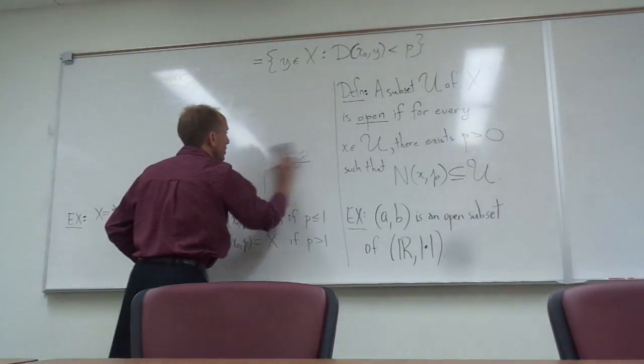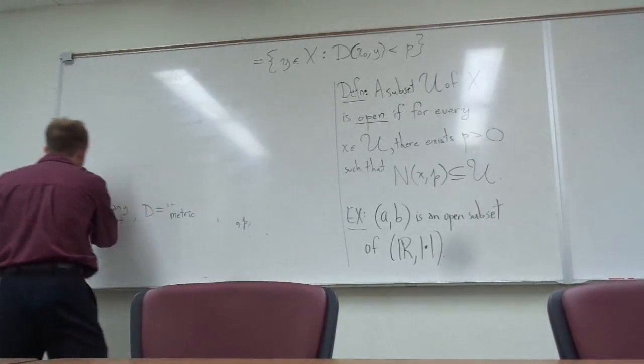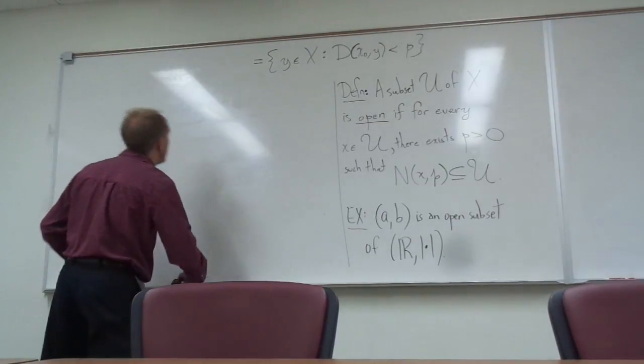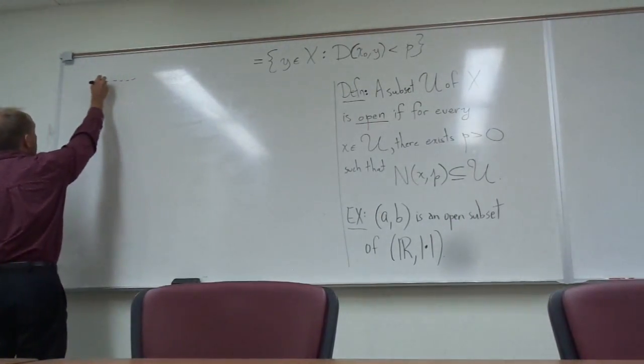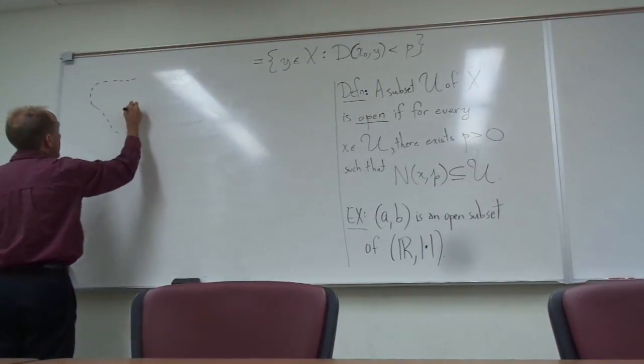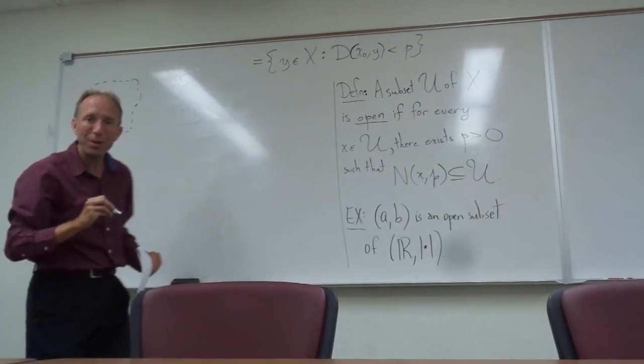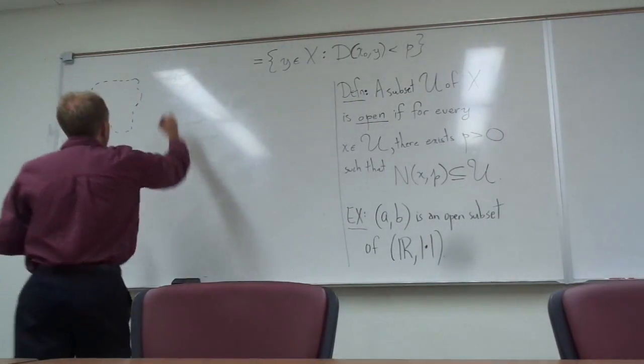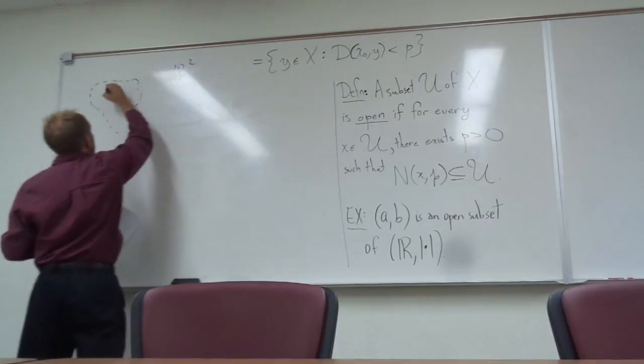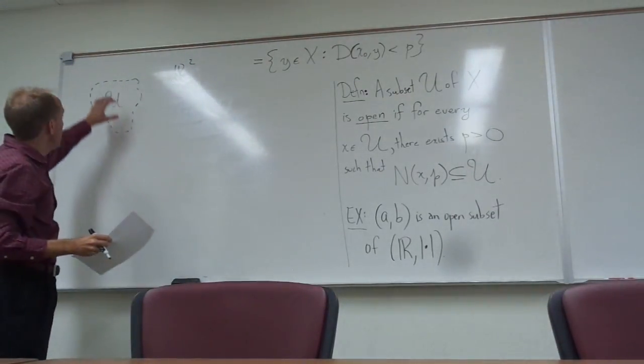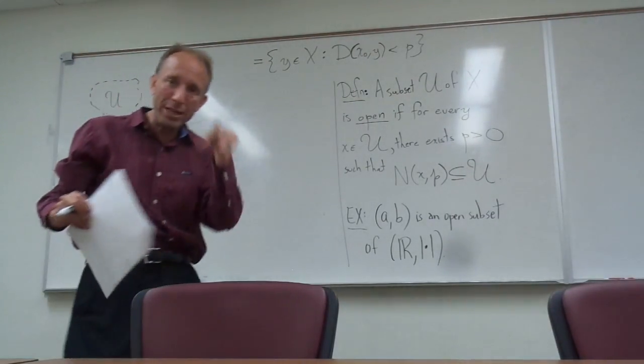Let me just give another couple of examples, in terms of a two-dimensional visualization. We think about R squared. Basically, inside of R squared, let's say I have a set that looks like this, and I've dotted the boundary of it.